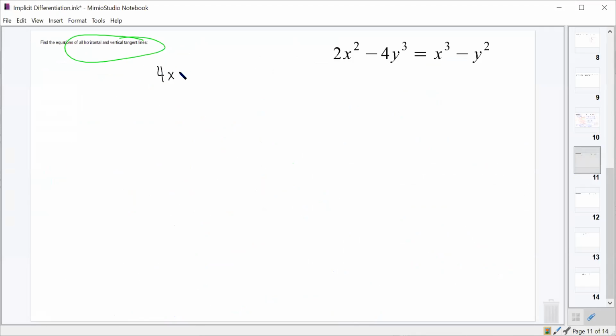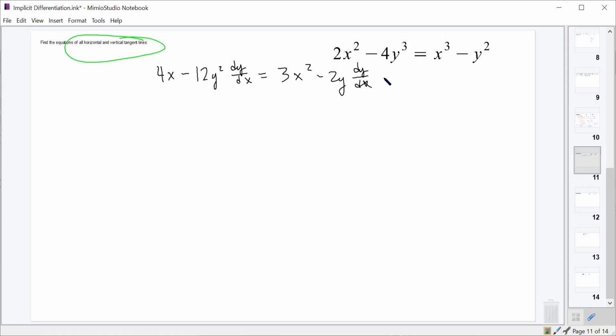That'd be 4x minus 12y squared dy dx equals 3x squared minus 2y dy dx. Everybody good with that?